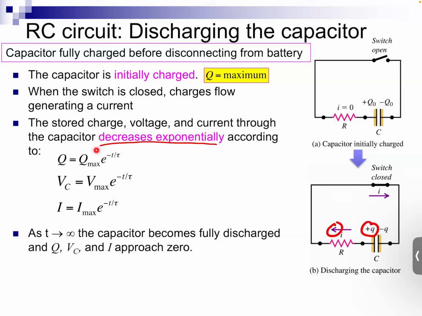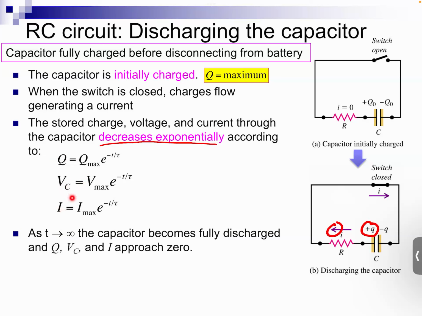Notice how the equations all have the same form, right? There's an exponential decrease in the charge. It sort of makes sense, because as your capacitor discharges, the charge across its plates decreases. As a consequence of charge decreasing, the voltage therefore decreases.